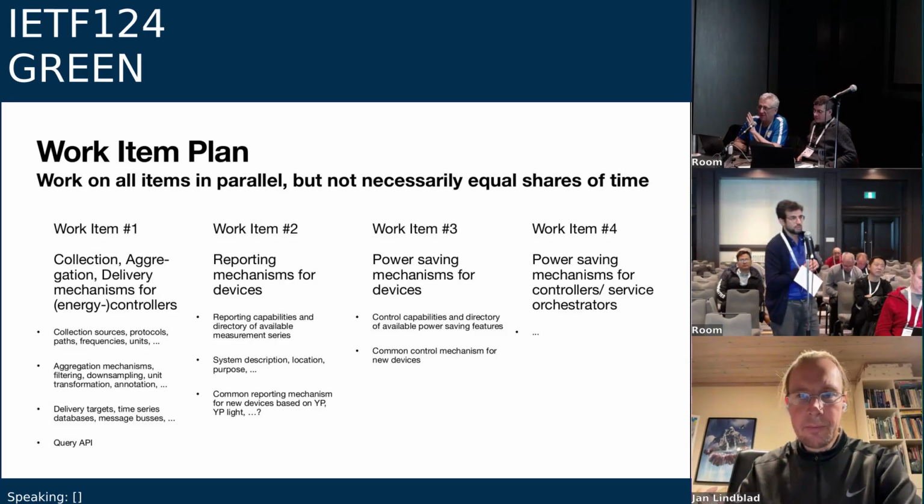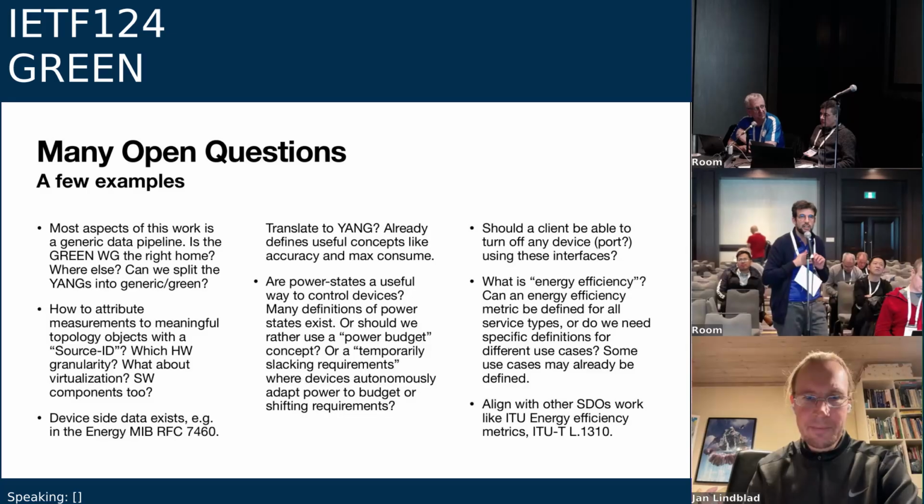Well, at least you and I are not in alignment. My understanding is that 1 and 2 are about telling what you're consuming, and 3 and 4 are about controlling what you're consuming. Actually, it's not, because if you, Ian, please, can show the next slide, the tree diagram there.